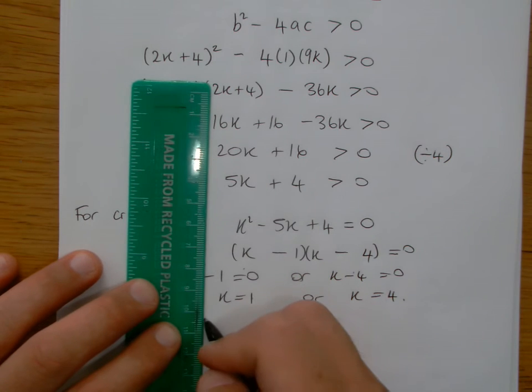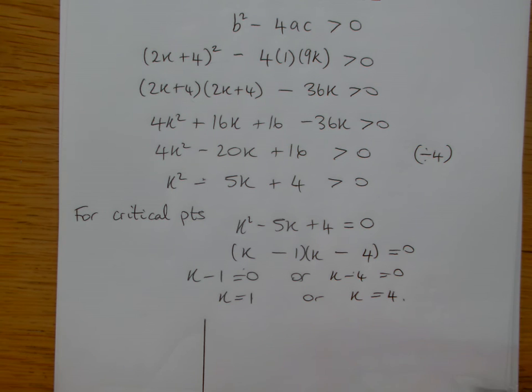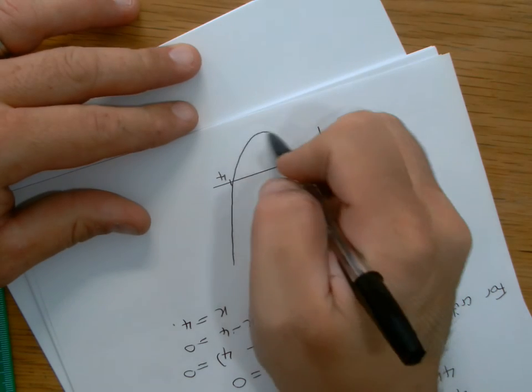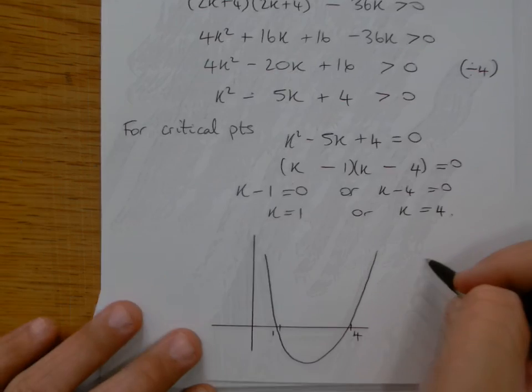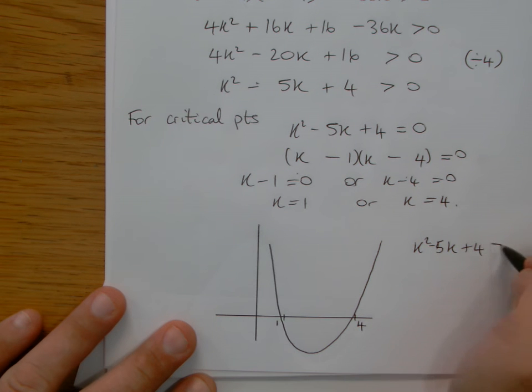Okay, so if I was to draw the quadratic, 1 and 4, so turn it around, it's easier to draw the quadratic that way. So we're interested in where the quadratic inequality is positive.